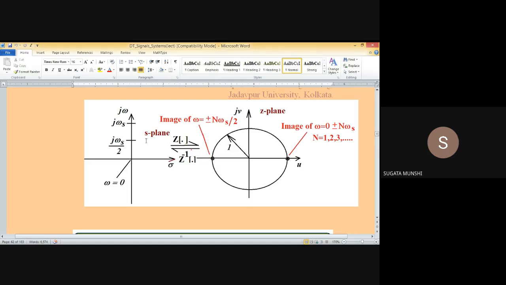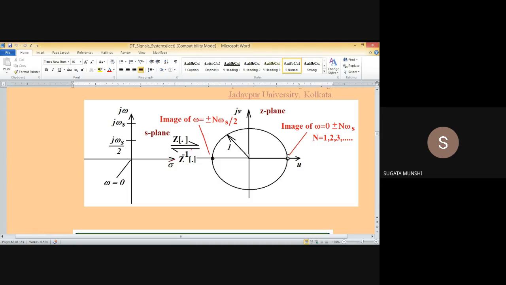Now, if you continue to travel upward, what will happen? You have come back here. As you have reached the point j omega s, if you continue to travel upward, again you will travel in this direction because argument will go on increasing. And when you reach j omega s by 3j omega s by 2, you will come here. All right. As you proceed further, you will again travel in this direction, and ultimately when you reach twice omega s, you will come here.